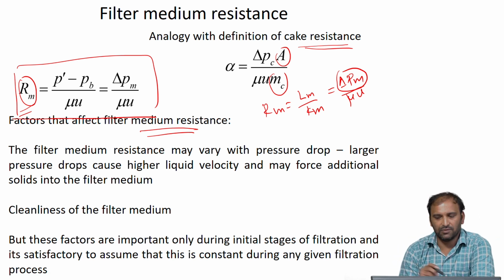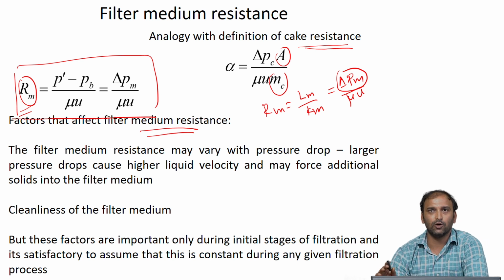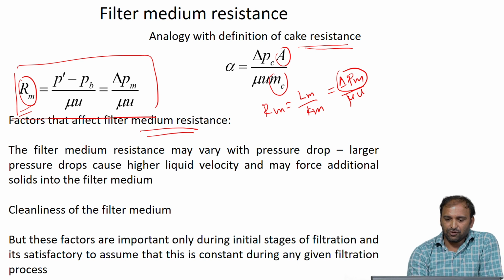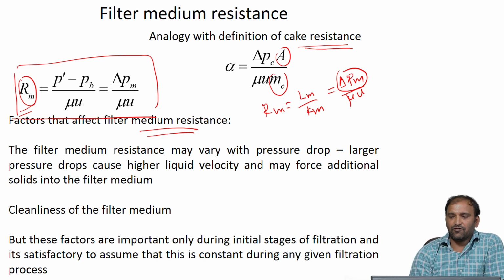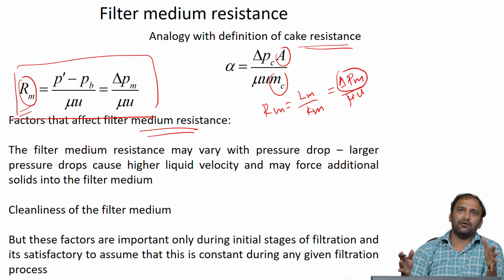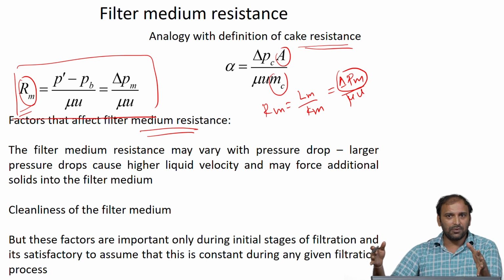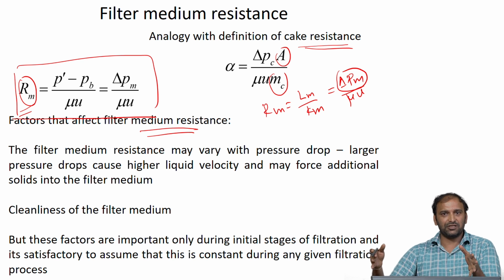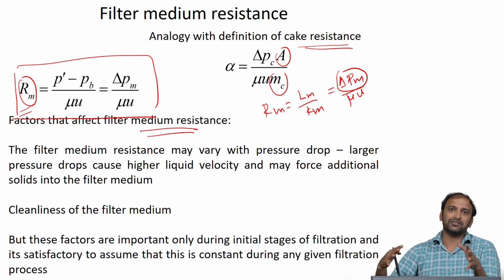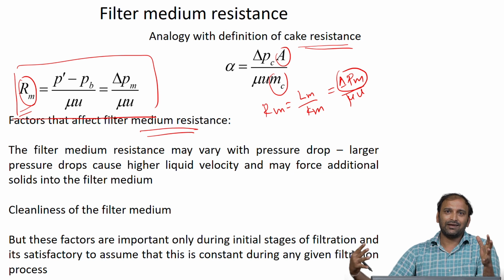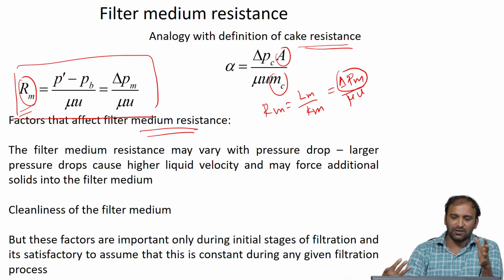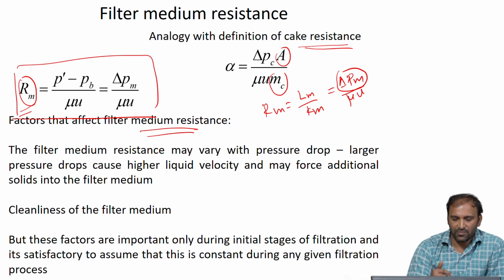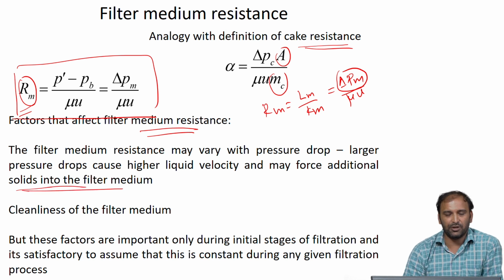But of course, delta Pm may also vary. If you have applied a larger pressure drop across the filter during the filtration process, the larger pressure drop may force some of the solids through the filter medium.